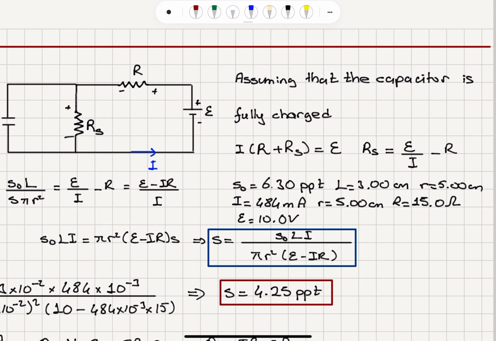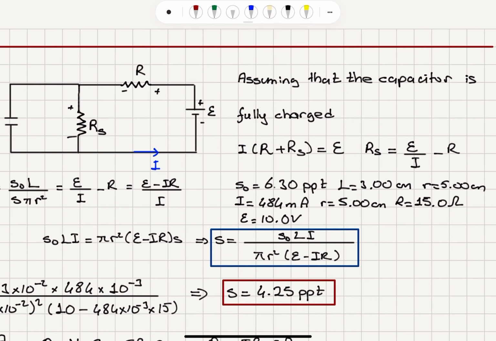For that, we draw this equivalent circuit. We see that Rs and R are in series because there is no current flowing through this branch, and the current flows in this direction such that I times (R plus Rs) is epsilon.